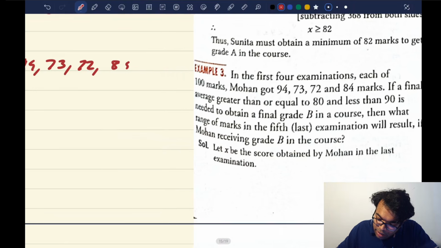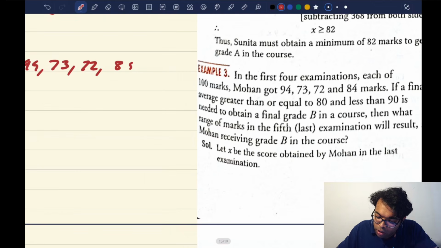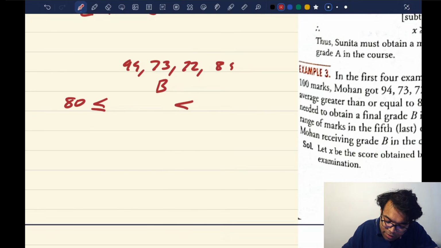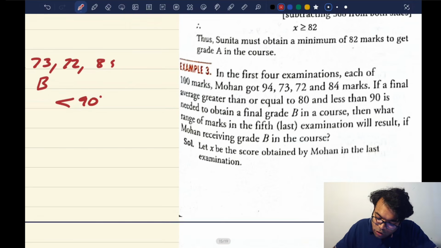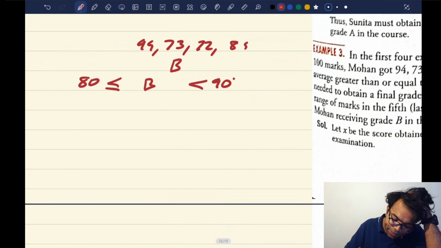If a final average greater than or equal to 80 and less than 90 is needed to obtain a final grade B, so he is looking for a B grade, then what range of marks in the fifth examination will result if Mohan receives a B grade in the course? So we have to take the average.